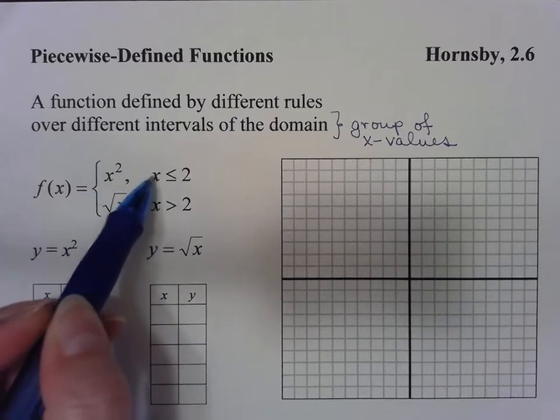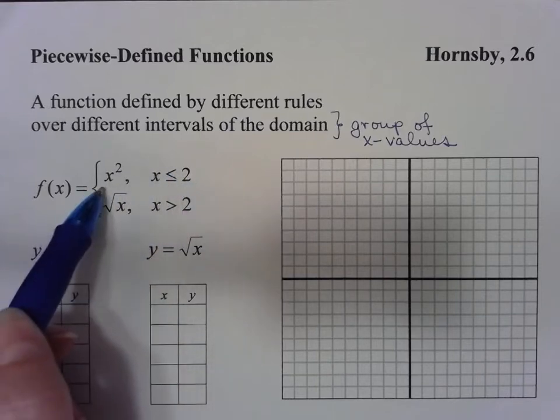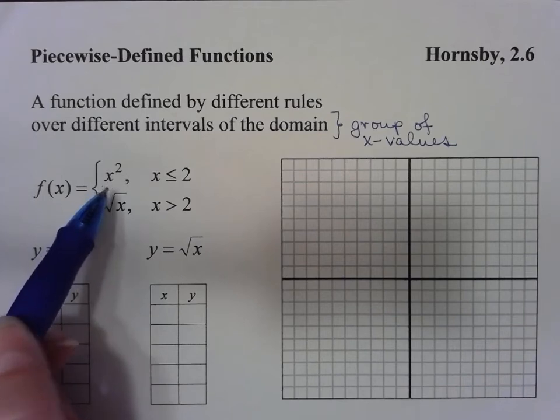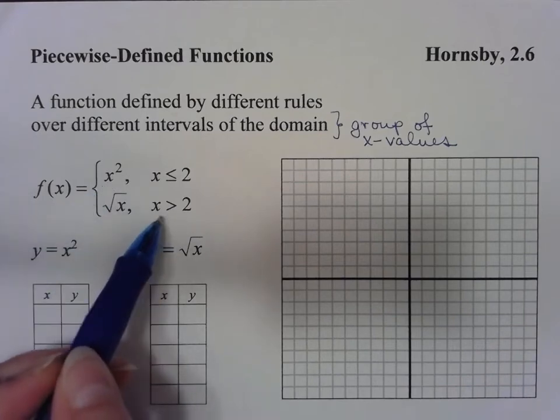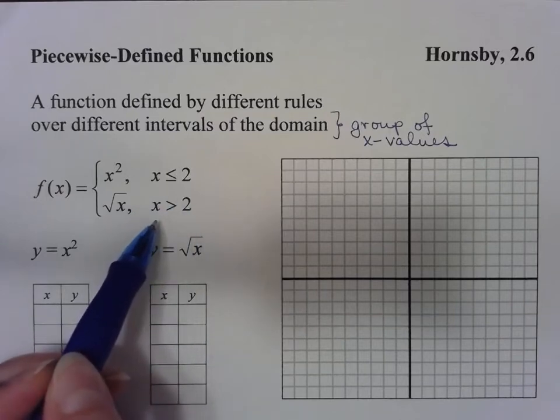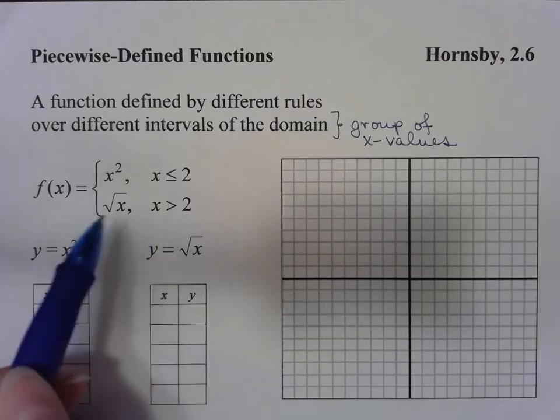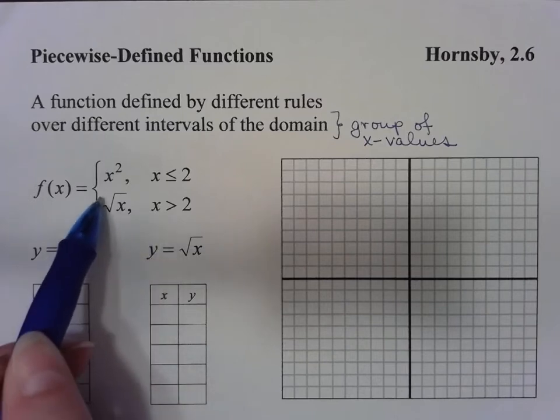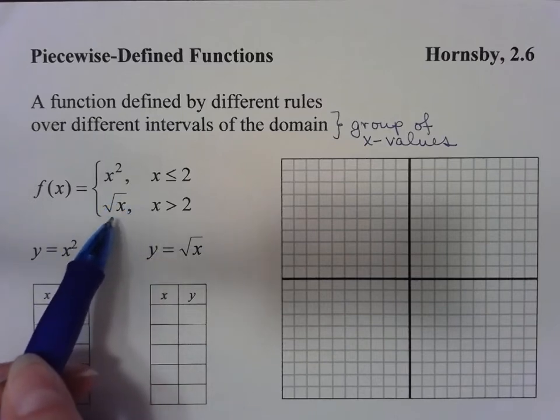So I'll pick an x in this group, plug it in, square it, and that'll give me the y value. Likewise, for the second piece, I'll take x's in this group, all x values greater than 2, and I will use this rule or equation to generate the y value for this piece.